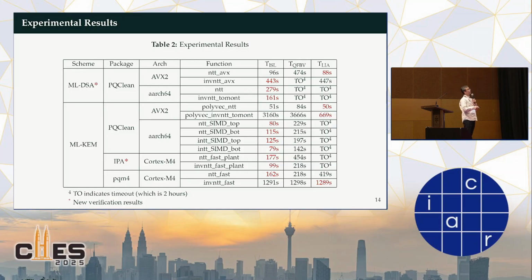Also SMT QF_BV does not work well for ML-DSA, the 32-bit implementations of NTT. For SMT LIA solvers, it works pretty well for the PQC AVX2 inverse NTT implementations of ML-KEM. And for other cases, it just times out and does not behave well.